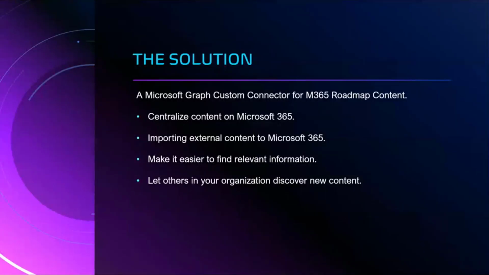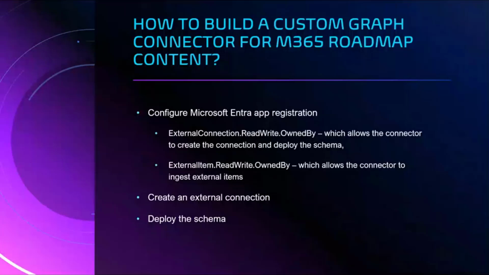You not only make it easier to find relevant information, but also let others in your organization discover new content. In this demo, I'm focusing only on building a custom connector for ingesting the content of Microsoft 365 roadmap features updates.